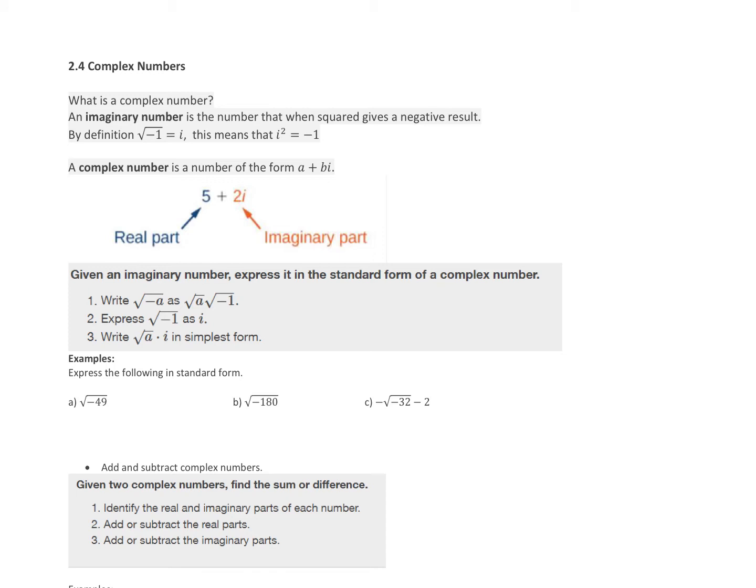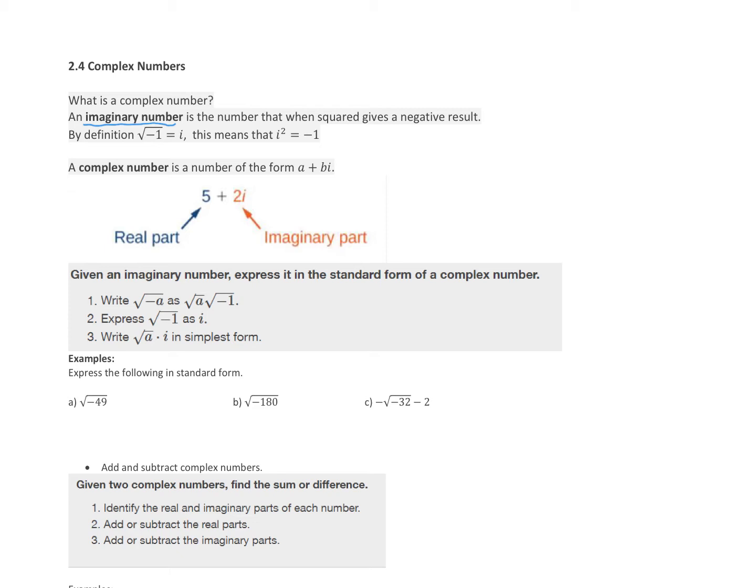So when we look at a complex number, we're looking at a number that has a real part and an imaginary part. But in order to first talk about that, we need to know what an imaginary number is. An imaginary number is a number that when squared gives a negative result.